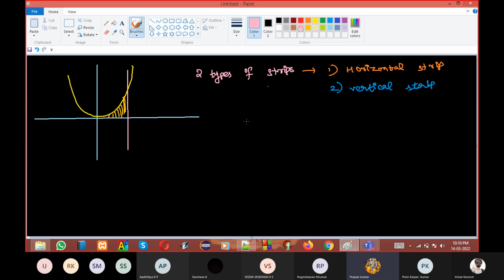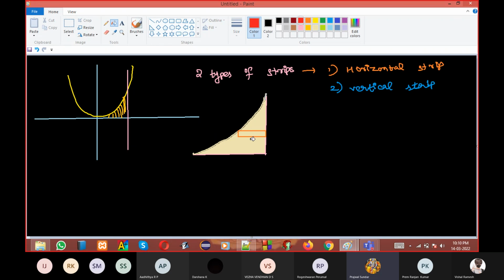I will concentrate on this region, and I have to find its area. Hope it's visible. I'll take a horizontal strip.